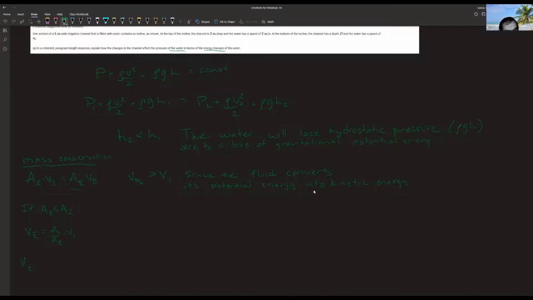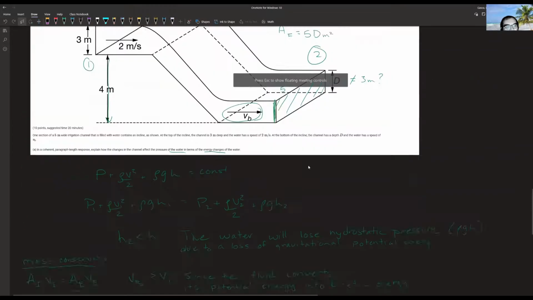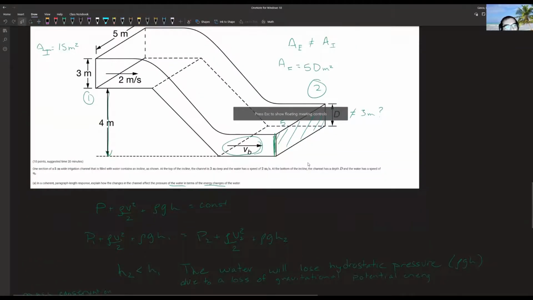So the exit velocity for a simple mass conservation approach would be greater than the inlet velocity. So we should expect it to get faster one of two ways. If we shrink the area, we still have to get the same amount of gallons through, but the only way it's going to do that is if it comes out faster because it has less area. Or we could say chances are it's going to come out faster because it's losing gravitational potential energy, that hydrostatic pressure, and converting it into kinetic energy.